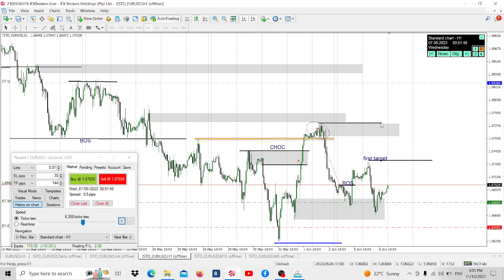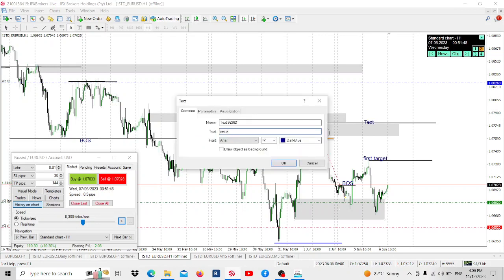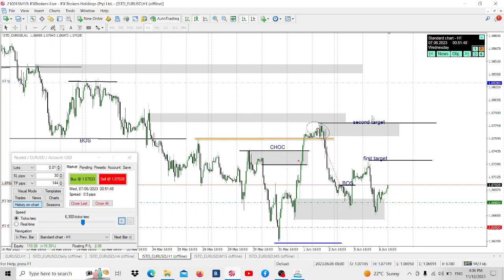Second target, this high. Ultimate TP up top.